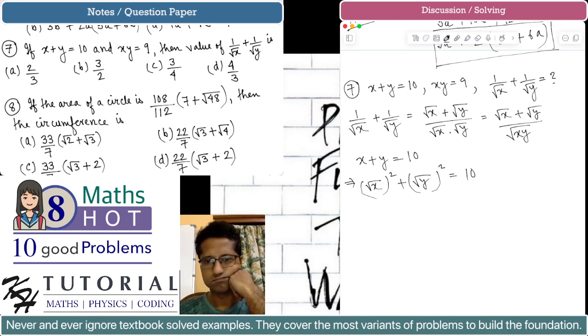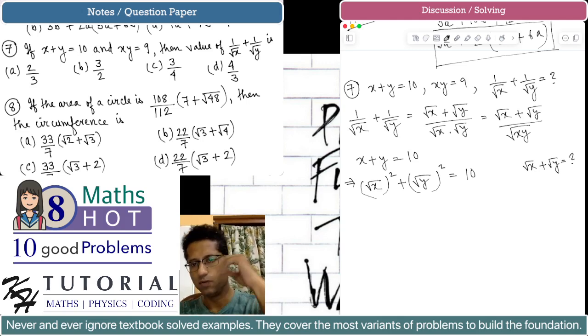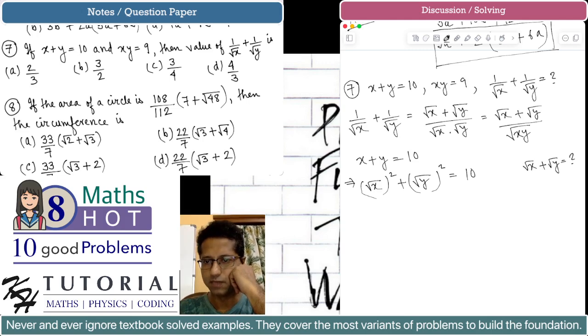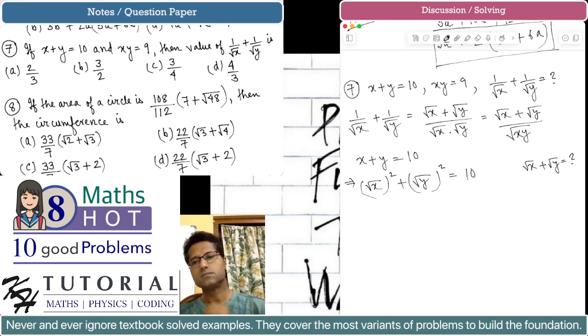So we have to find somehow root x plus root y, that is a plus b, where we know a square plus b square is equal to 10. That is, we know that square of root x plus square of root y is 10. So how do we find a plus b from a square plus b square?